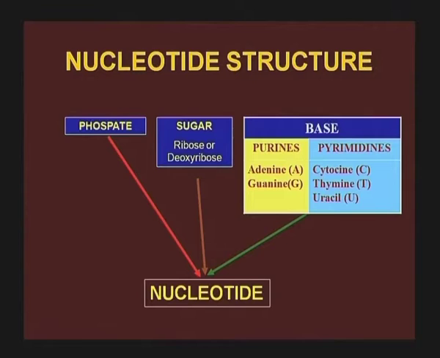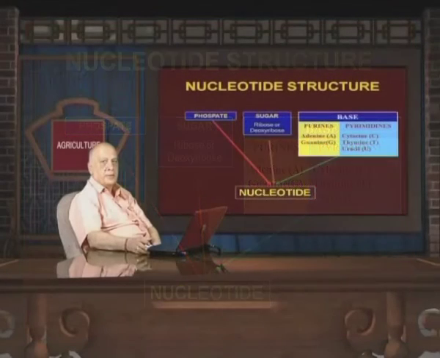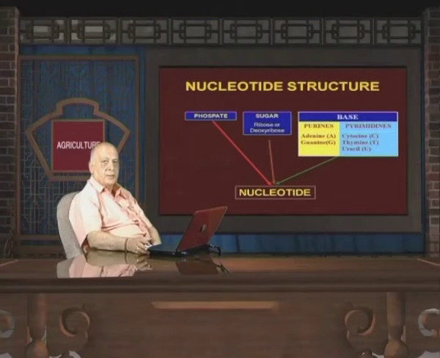The purines are adenine or guanine, and pyrimidines are cytosine, thymine and uracil, and they are popularly identified by their first alphabet, adenine as A, guanine as G, cytosine as C, thymine as T and uracil as U.